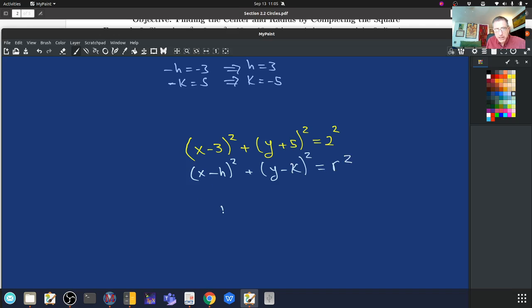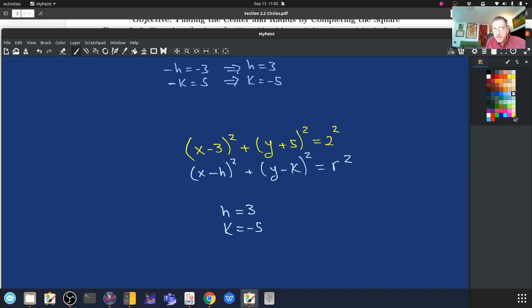So clearly h is equal to 3, but k, these two differ here, so k has to be equal to minus 5.